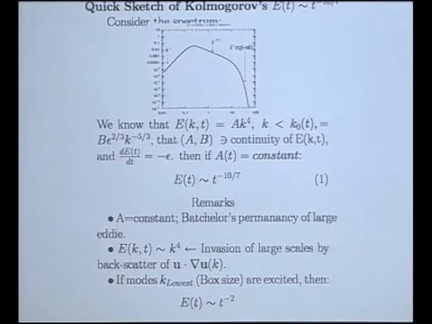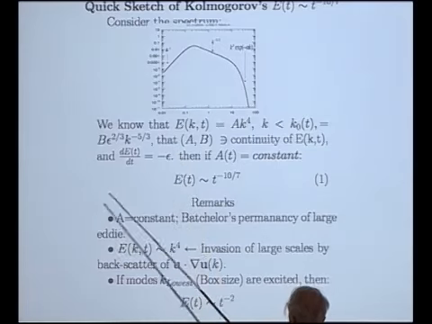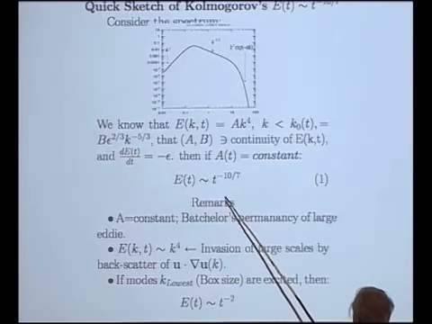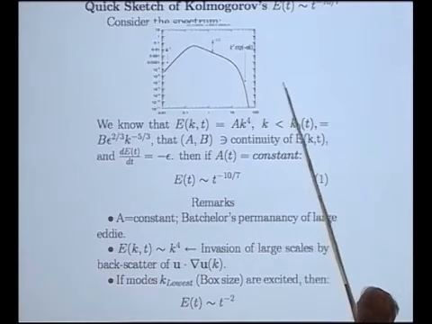And you can then ask, for example, suppose the flow is box limited. That is, when you plot the energy, the maximum of the energy is at the smallest wave number available. So you imagine the pattern has filled up the whole box. In that case, Bob Kerr will tell you that the energy doesn't decay like T to the minus 10/7, it's like T to the minus 2. And people at the University of Oregon have also observed that now experimentally in low temperature flows.